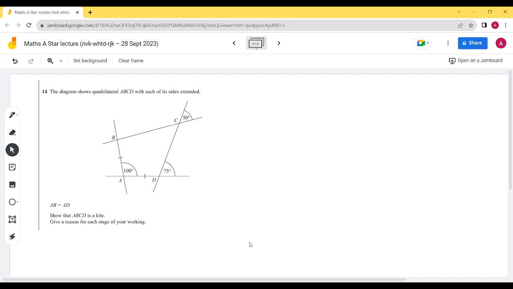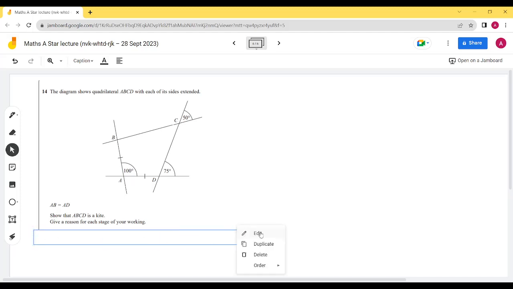So the diagram shows quadrilateral ABCD with each of its sides extended, and we are told AB equals AD. You need to show that ABCD is a kite, and give a reason for each stage of your working. It might seem a little bit confusing. How do you show it's a kite?